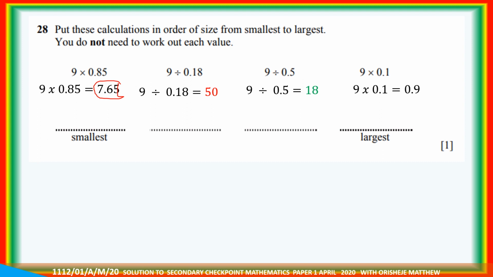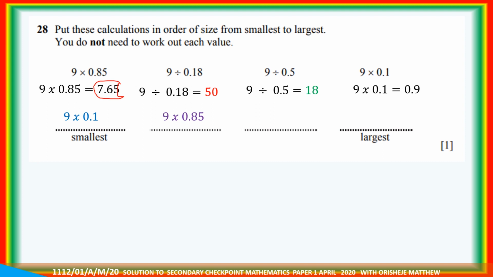So we need to know which one is the smallest. I have 7.6, 50, 18, 0. I think this is the smallest, so that one will come first. So I have 9 multiplied by 0.1. After that, the next one should follow.